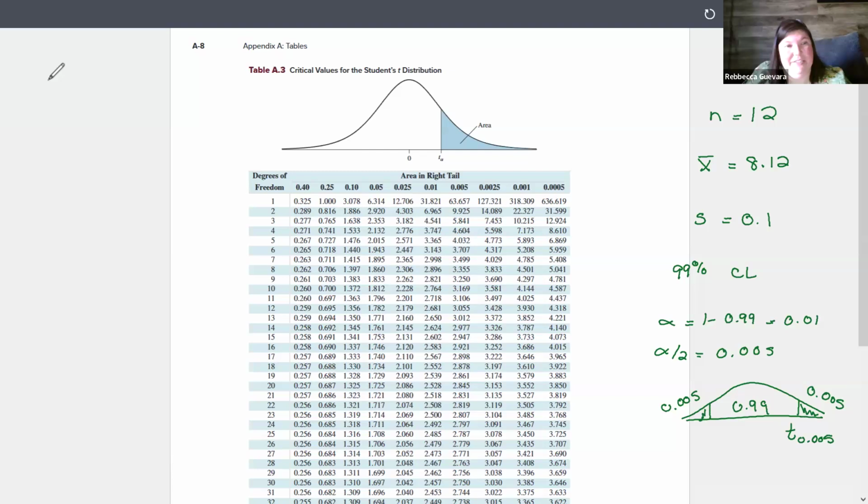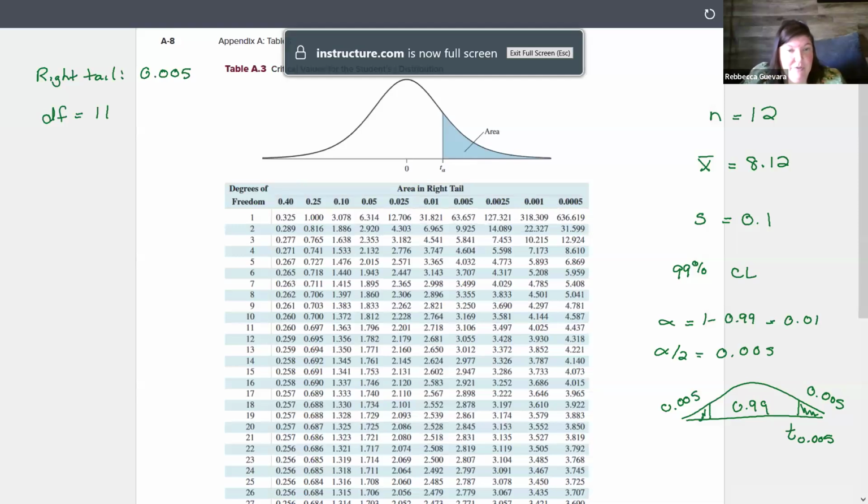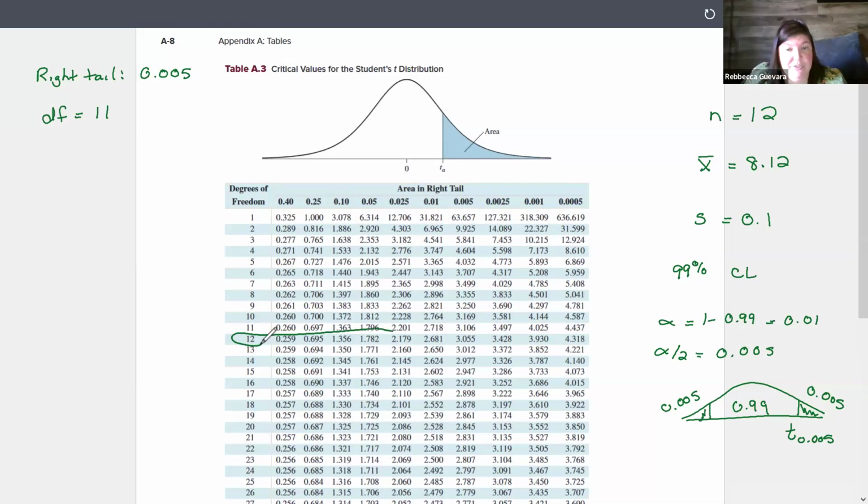So area in the tail. The area in the right tail is 0.005. My degrees of freedom, well, we have a sample size of 12, so my degrees of freedom are 11. And like I said, we do actually have 11 degrees of freedom on this table, so we can use the table and get a good estimate here.